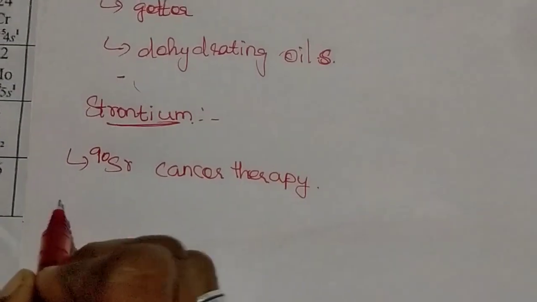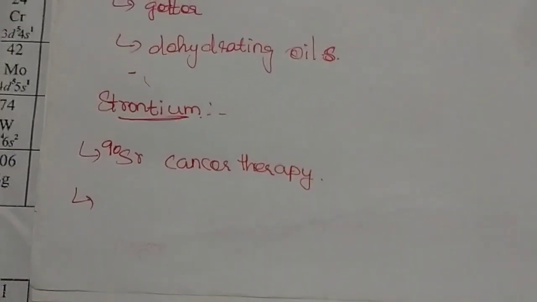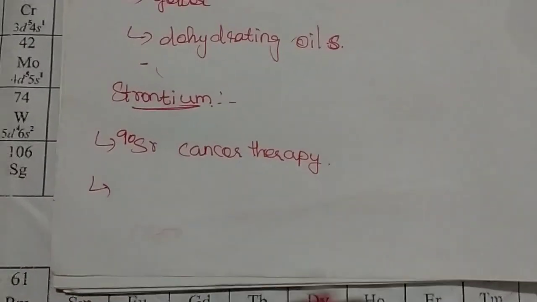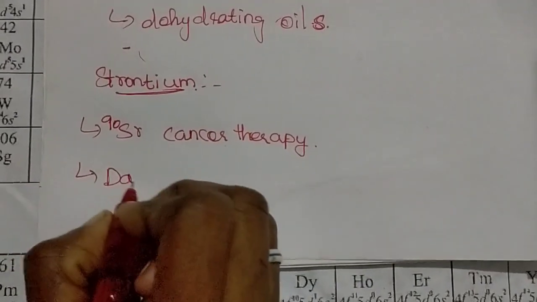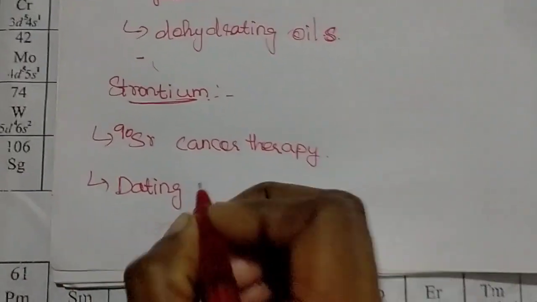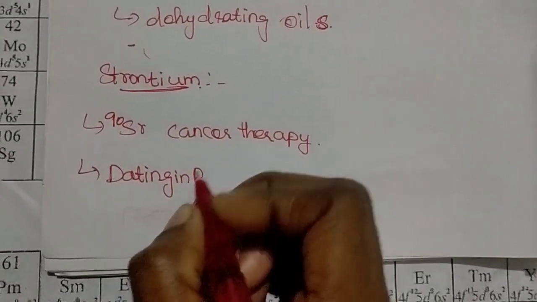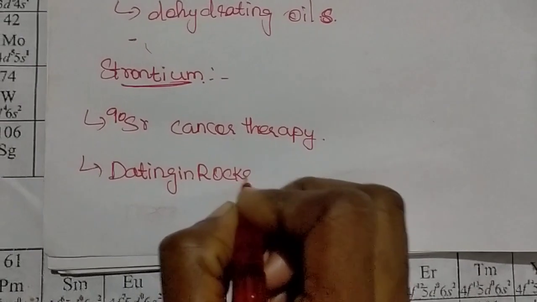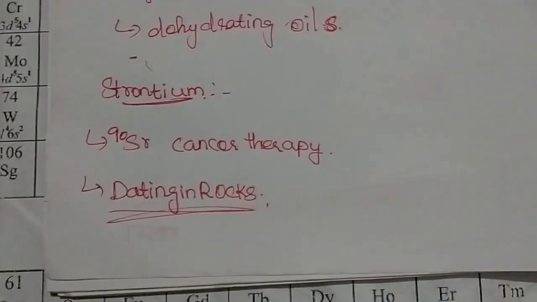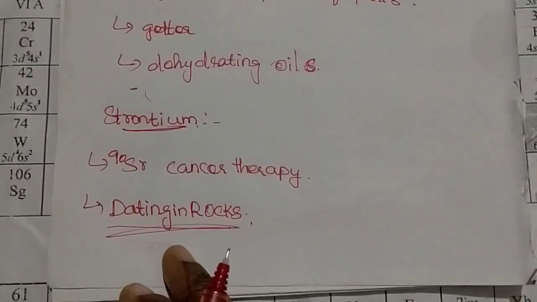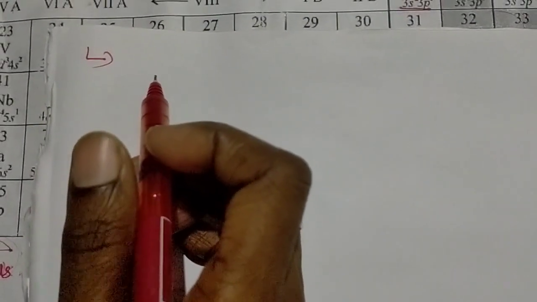Strontium is also used for finding out the age of rock, that means dating rocks. Another very important use of strontium is as follows.